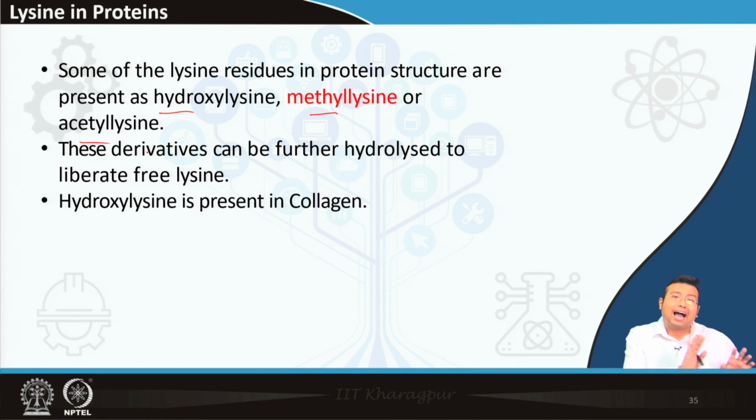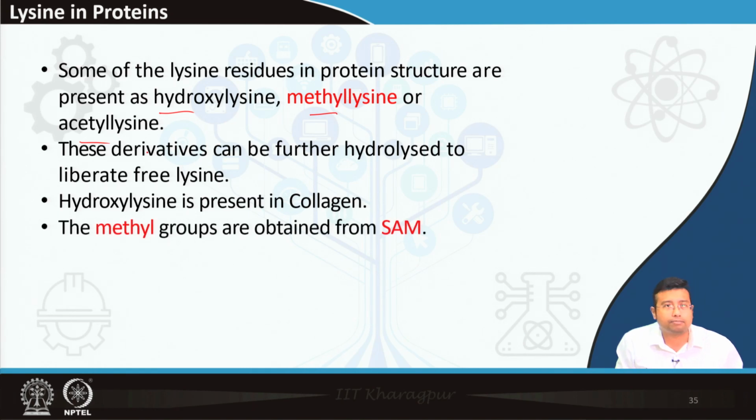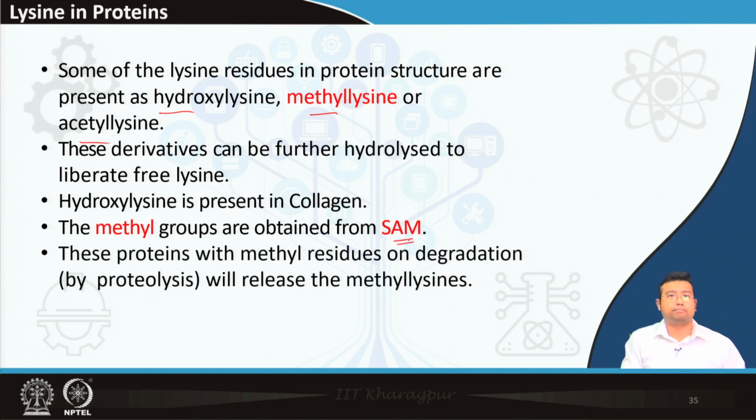So, like hydroxyproline, hydroxylysine is also present in collagen. Now, when we are discussing methyl lysine, the methylation is done by the common methyl donor, that is S-adenosyl methionine. We already know that, right. And when these proteins with methyl residues are degraded by proteolytic enzymes, they will release methyl lysines as well, okay.